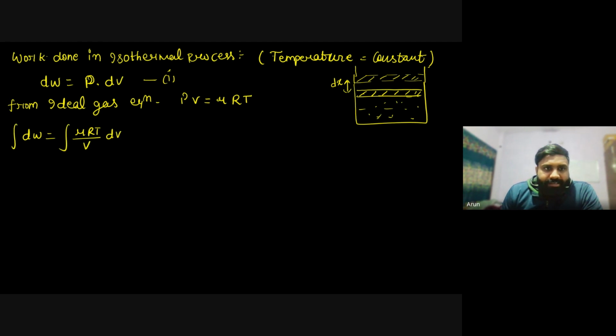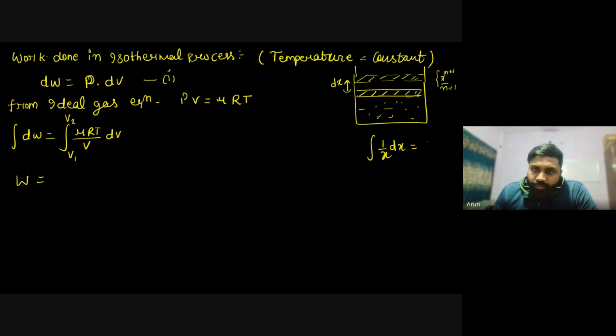If we integrate it from volume V1 to volume V2, the total work done we have is W, and this is 1 by V dV. It is similar to 1 by x dx. So integration of 1 by x dx will become what? The formula is x raised to the power n plus 1 divided by n plus 1.